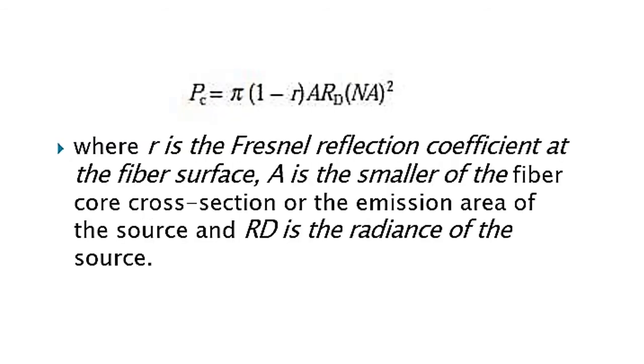So we represent it as Pc equal to pi into 1 minus r into A into Rd into NA squared, where r is the Fresnel reflection coefficient at the surface, A is the smaller of the fiber core cross section and the emission area, and Rd is the radiance of the source.